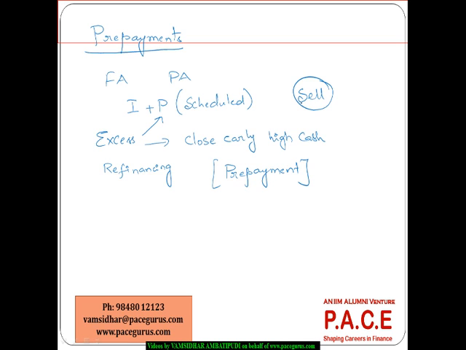If he has sold the house, he got the money, and that money can be used to pay back the loan, or he can get into a refinancing. As I have already said, the interest rates are cheaper, and he would like to raise a loan with a lesser interest rate. So whatever the new amount that he has got through the new loan, he would be using to pay back the existing loan.